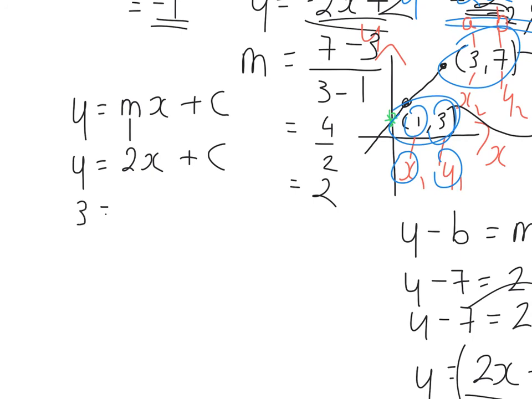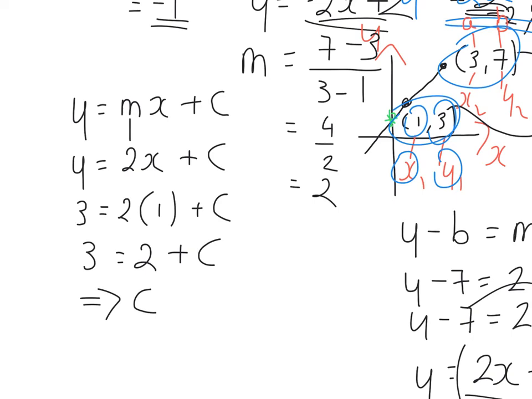So 3 equals 2 times 1 plus c. 3 equals 2 plus c. That implies then that c is equal to 1. And now I can get my equation. c is equal to 1, m is equal to 2, and it's the same as last time, y equals 2x plus 1.